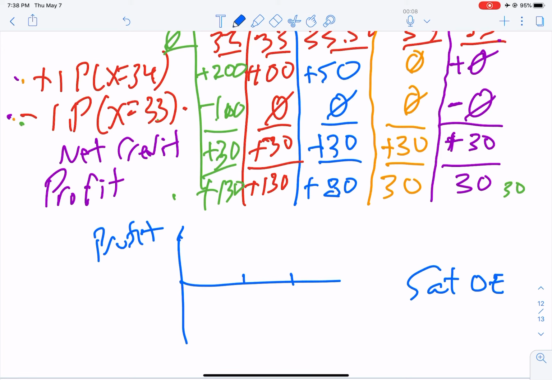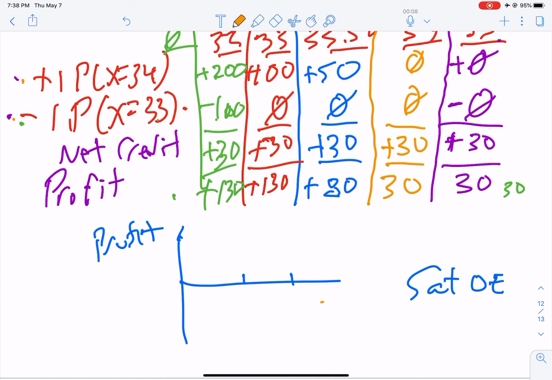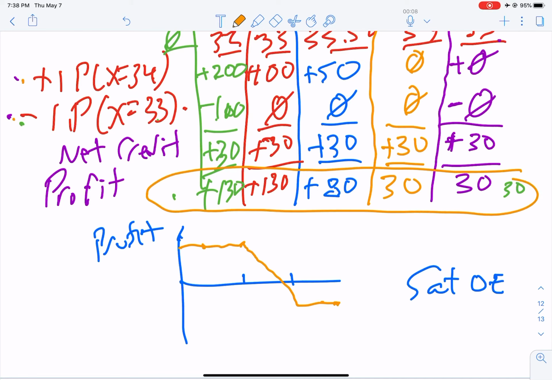I'll change the color and make it orange. The normal one would look like this. We've got some values that are negative, some values that are positive, and one value that's break even, and that's a typical case. But this one up here is quite interesting because we never lose.